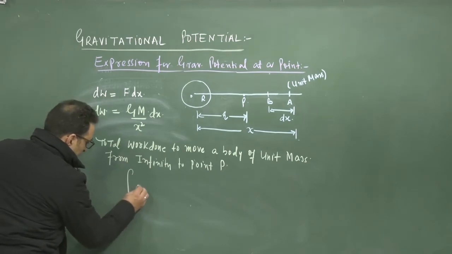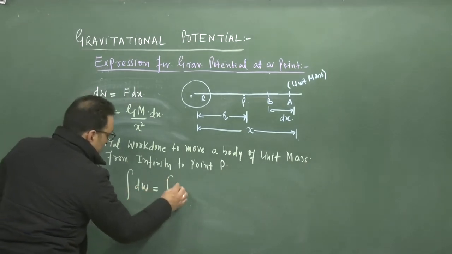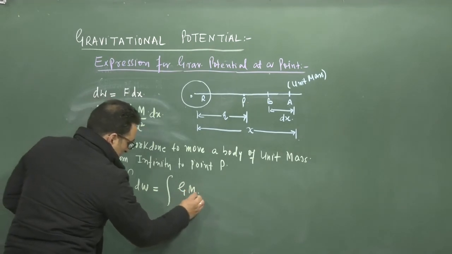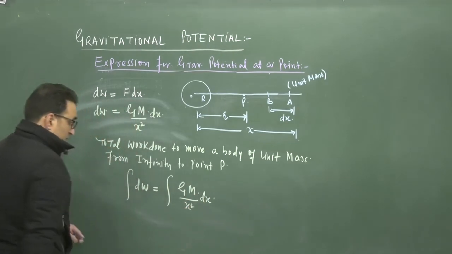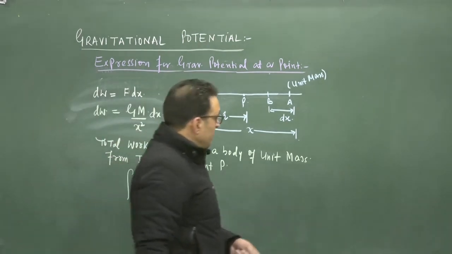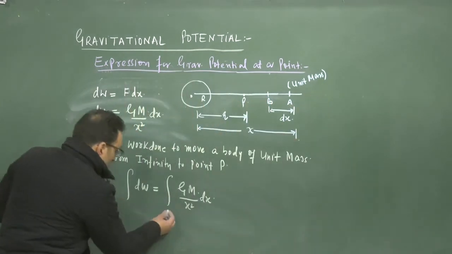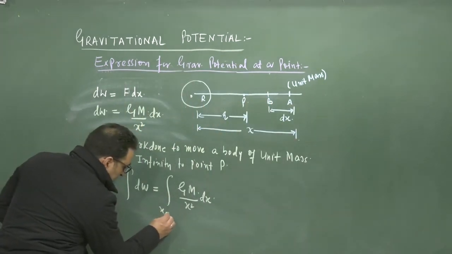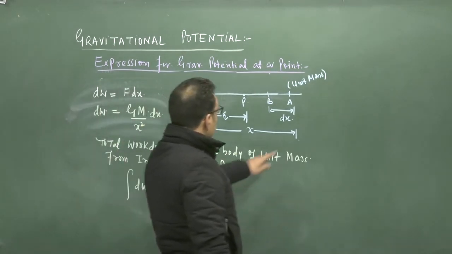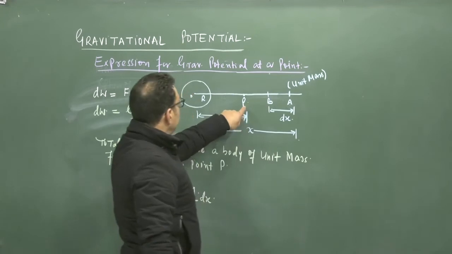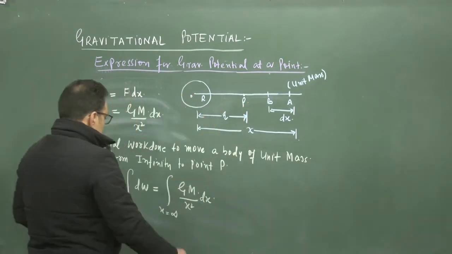Let me now integrate this as GM by x square into dx. Now the limits of integration will be, we have to bring a body of unit mass from infinity. The lower limit will be x equals infinity. Now we have to move this body of unit mass from infinity to point P. Now the distance of point P from the center of earth is small r.